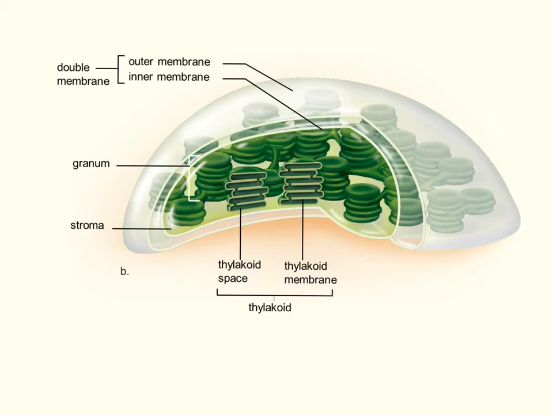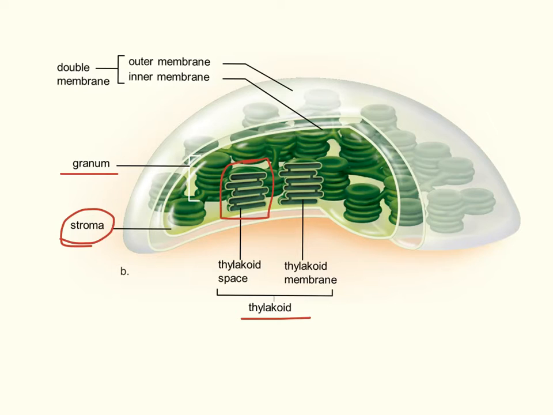Okay, so we have a double-membraned organelle with an outer and inner membrane, and then within that there is a fluid-filled space known as the stroma, and packed into that fluid-filled space is another membrane called the thylakoid membrane that's folded into stacks known as granum or grana, and these stacks are interconnected.